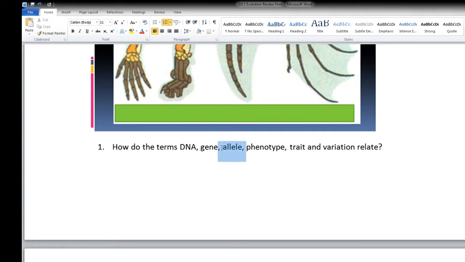Mutations, changes to your genes, changes to your alleles, can then give you different variations, which maybe those will be selected instead. So even if the environment doesn't change, if there's a mutation that causes a new form of a trait to show up that is better in the environment, that new form of the trait might start outcompeting the old, and eventually the old trait gets selected away over time.